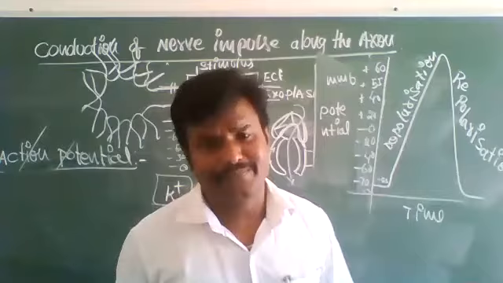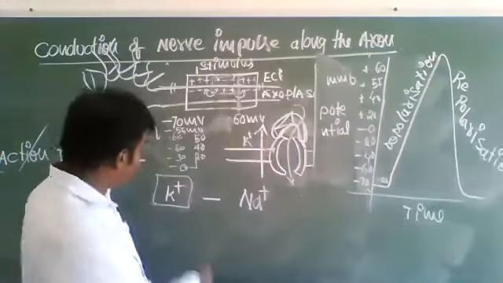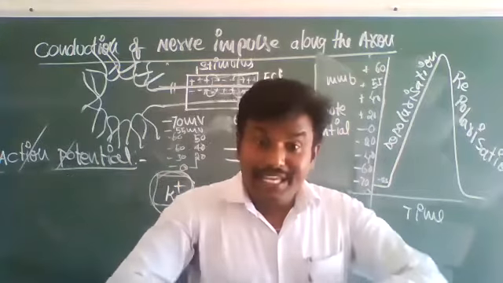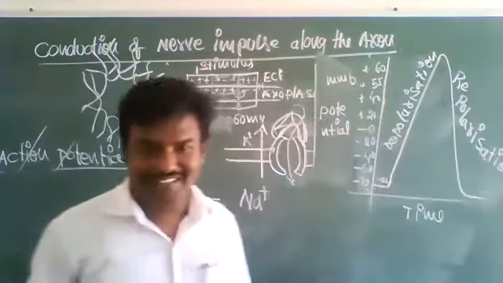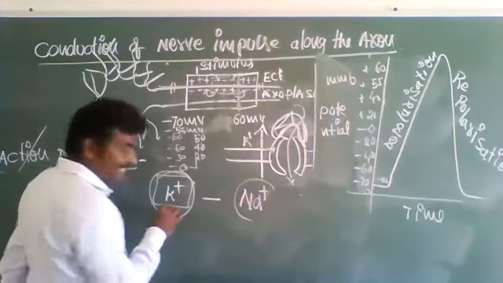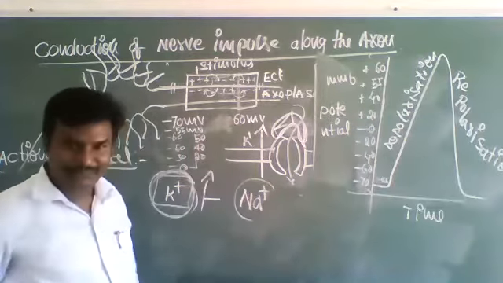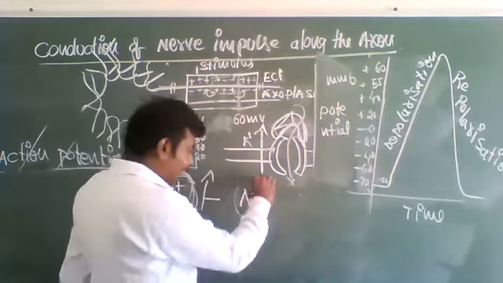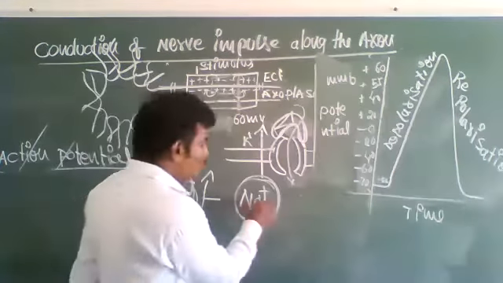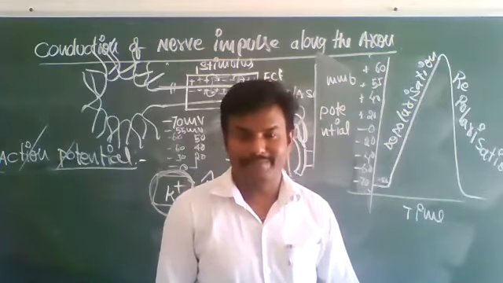When we are in the resting state, the potential is defined by potassium ions, which are expelled out. During action potential, it is defined by sodium ions, which enter from outside to inside.